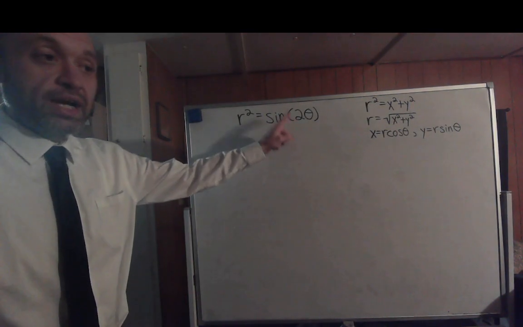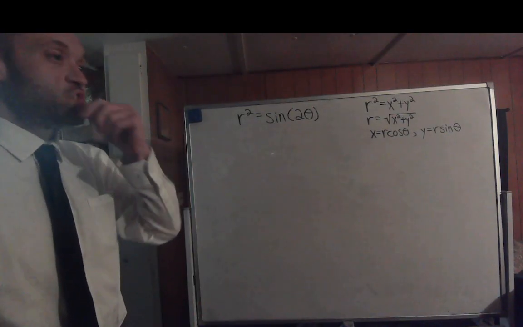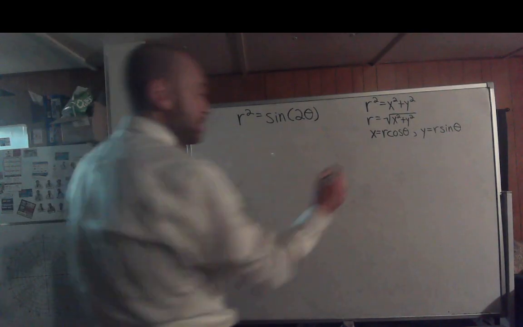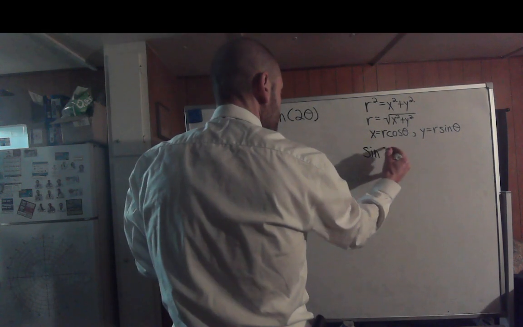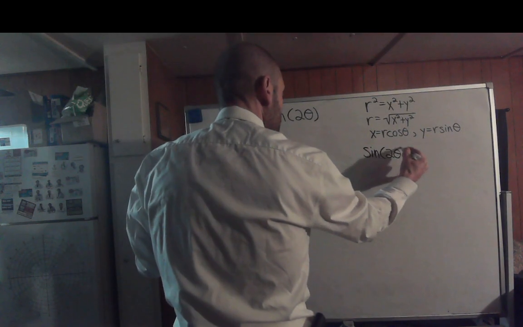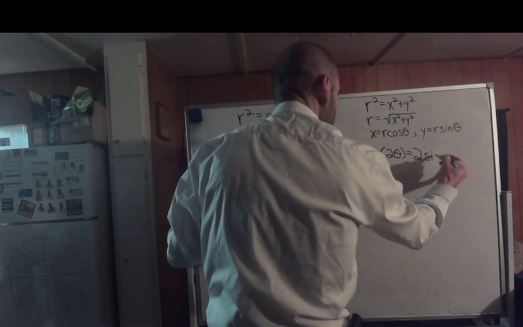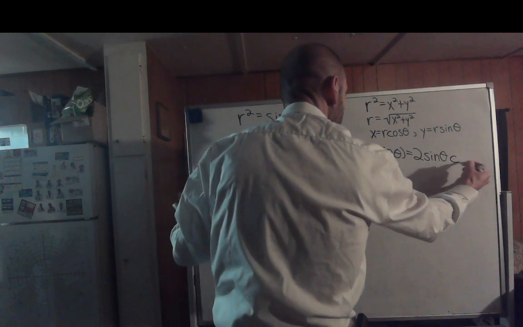This is a double angle identity for the sine function. If we remember our double angle formula for the sine function, the sine of 2 theta is the same thing as 2 times the sine of theta times the cosine of theta.